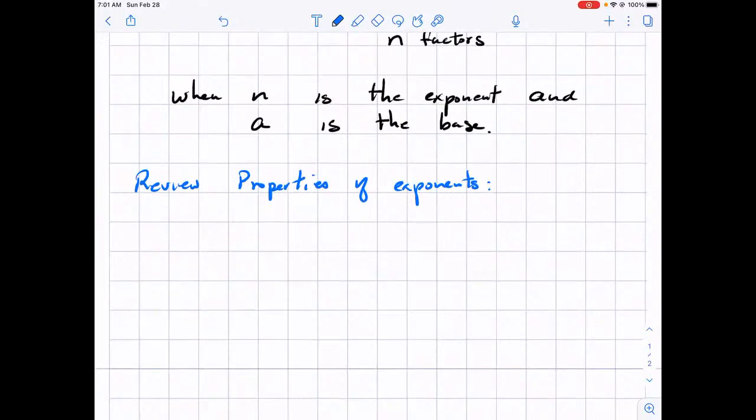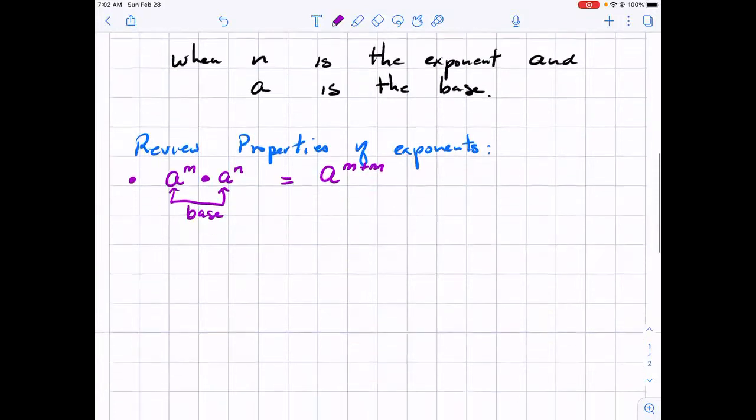The first one: if we have a to the m power times a to the n power, if the base is the same, we keep the base and we add the powers, always add.